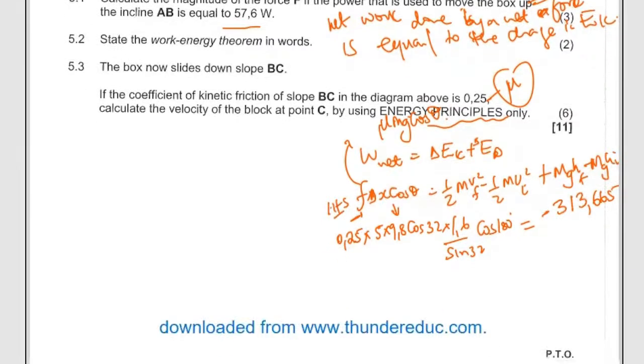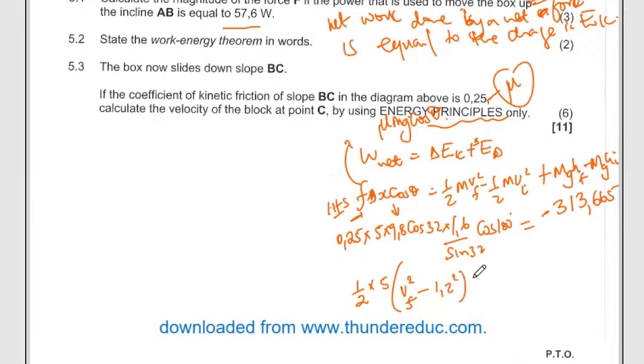Then when I look at the right-hand side, let me look at the B case. It's going to be a half, the mass is 5, into my V final, which I don't know, minus my V initial. What was the V initial? It was 12.